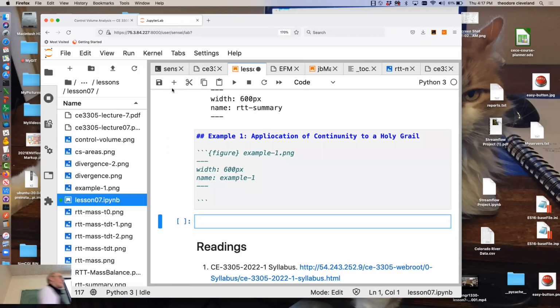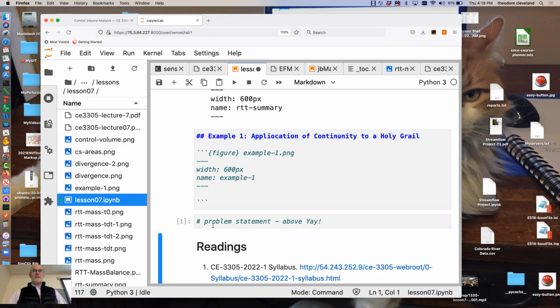So what is our problem-solving protocol? Anybody remember? Okay, problem statement, and we'll stipulate that that exists already. What would our next step be?